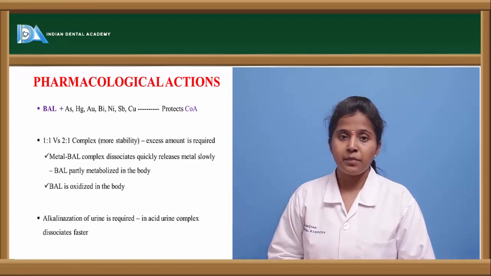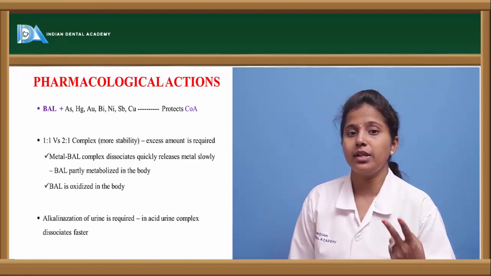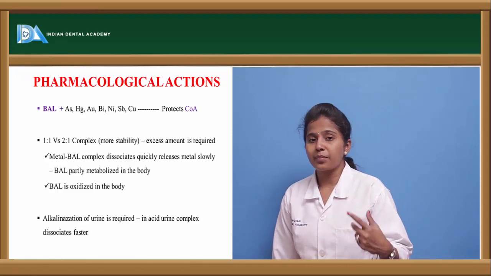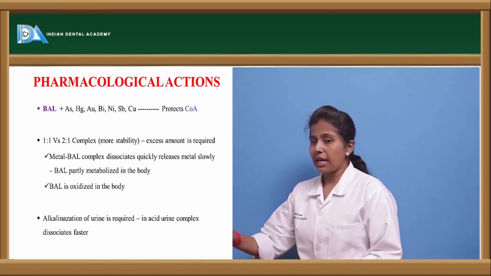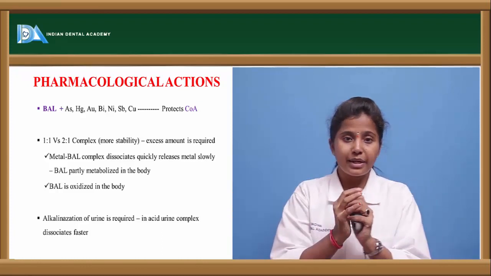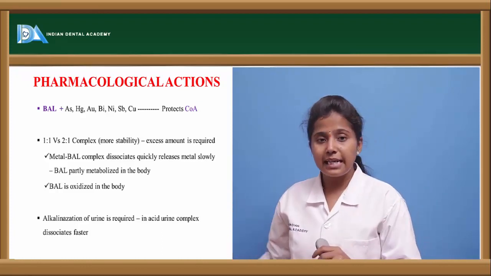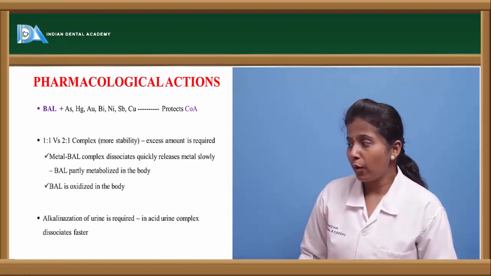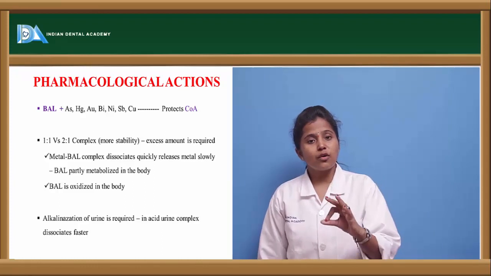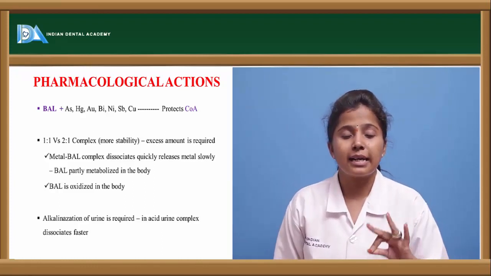And DIMERCAPROL and the heavy metal usually bind in the ratio of 1:1 or 2:1. The 2:1 ratio shows more effect than 1:1. So 2 represents the BAL or DIMERCAPROL, and when it forms the metal-BAL complex, it is easily dissociable and easily excreted out of the body, and it is non-toxic to the body. And this elimination of DIMERCAPROL occurs only if the urine is in an alkaline state.